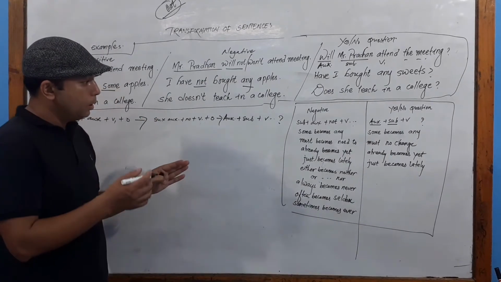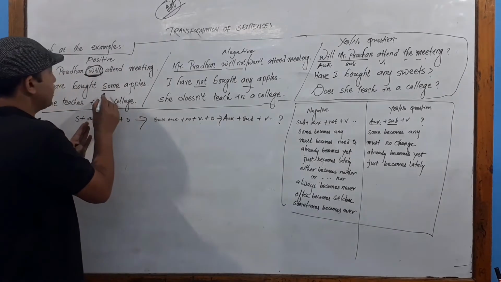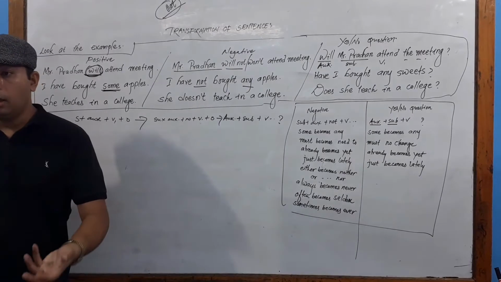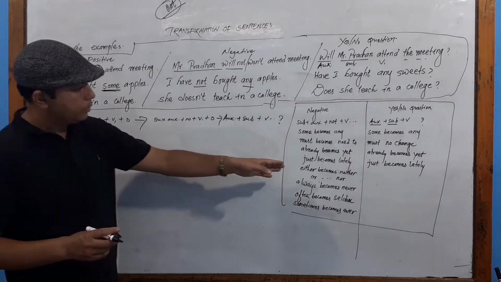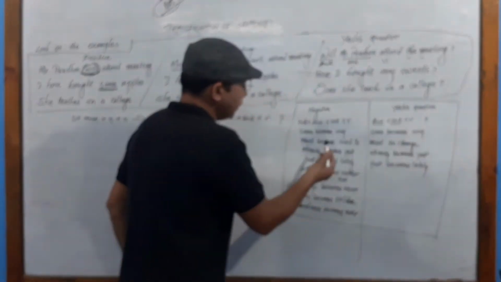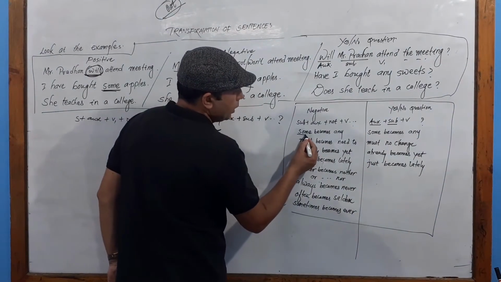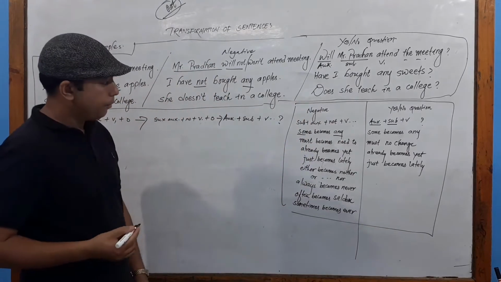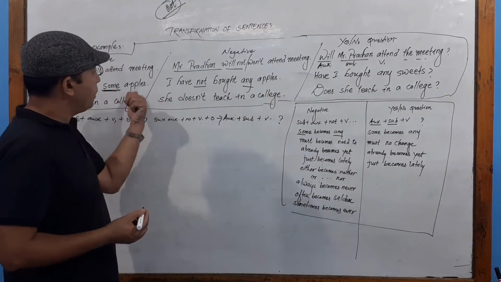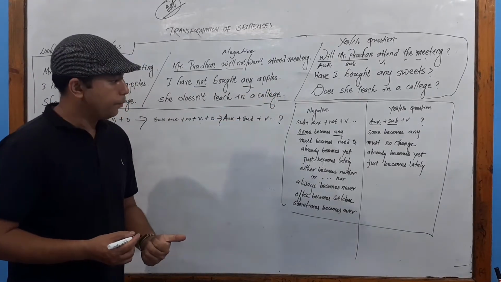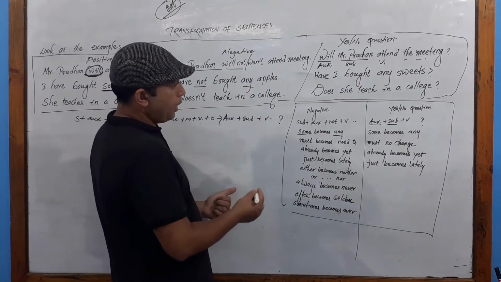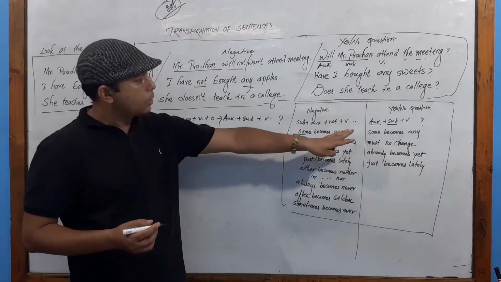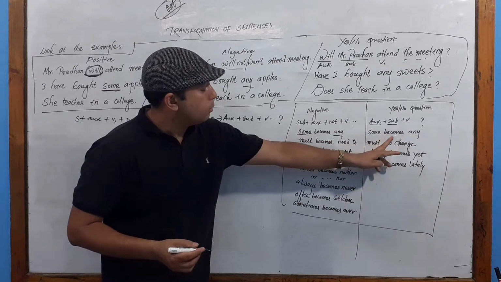What you have to remember, there are some adverbs like some, at, always. Many are here. Some are written here. Look at here. If there is some, then in negative it will be changed into any. So I have bought some apples. I have not bought any apples. In the same way, in yes no questions also, some becomes any.